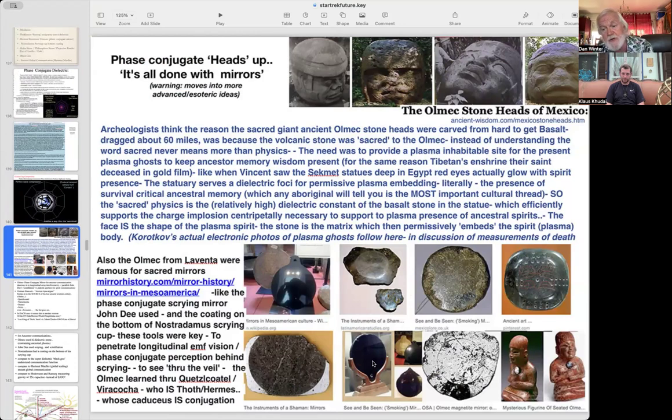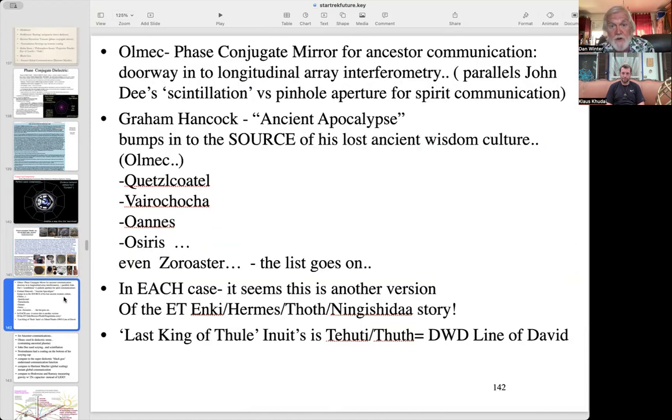So the phase conjugate coating, which actually John Dee and Kelly used in their Showstone, and Nostradamus, we think, used the phase conjugate coating under his scrying water as well, that the phase conjugate coating enables ancestor phone calls because of the embedding coherent interface with the longitudinal array, the radio for ancestor phone calls.